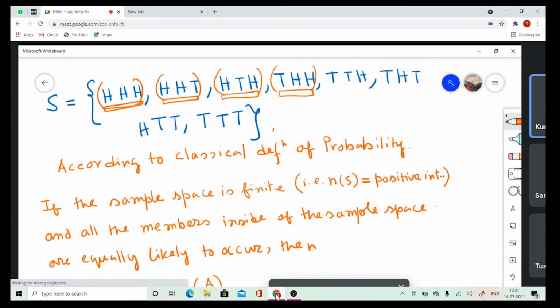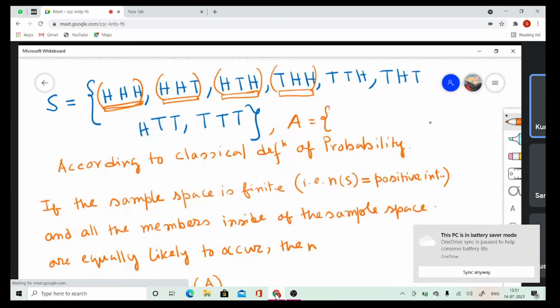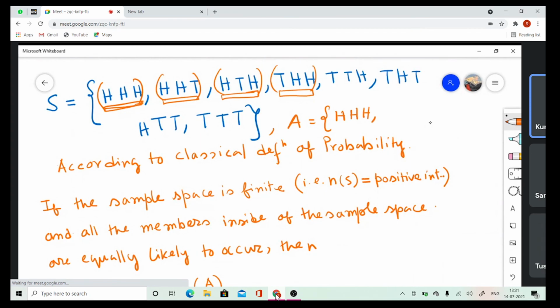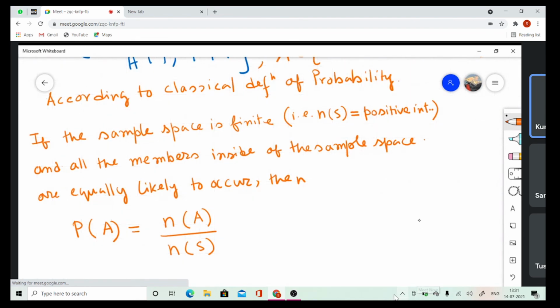So basically, we got a set A with our favorable events, and the set is a subset of the sample space. Right? Now, how many members do we have inside A? We have 4 members. And how many members do we have inside S? We have 8 members. Our answer will be half by the classical definition of probability.